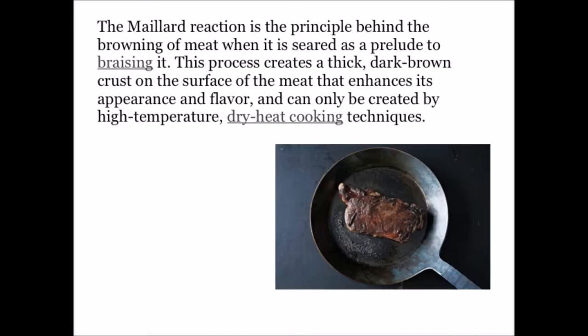The Maillard reaction is the principle behind the browning of meat when a sear is a prelude to braising it. This process creates a thick, dark brown crust on the surface of the meat that enhances its appearance and flavor, and can only be created by high temperature, dry heat cooking technique.